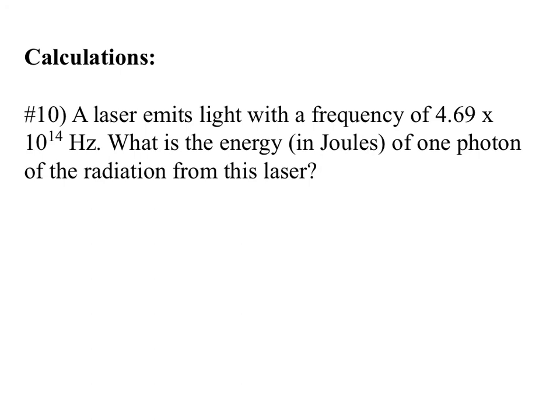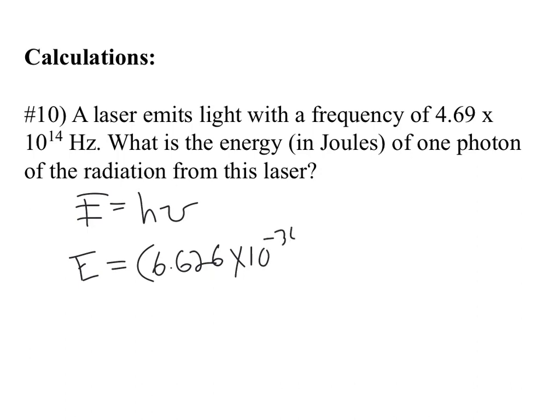Okay, we have the frequency and asked to find the energy. So this is a straightforward energy formula problem because we're given the frequency, and energy equals Planck's constant, 6.626 times 10 to the negative 34th.